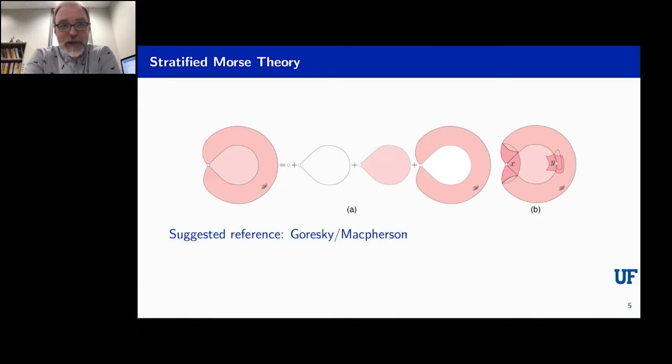I'll describe what a stratification is in a minute, but what you should think of here is that you can decompose the space into pieces in such a way that each piece is a smooth manifold. So here's a stratification of this space. This one point, this pinch point, is a stratum by itself. And then the boundary curve of this membrane, this one stratum, that's a one-manifold.